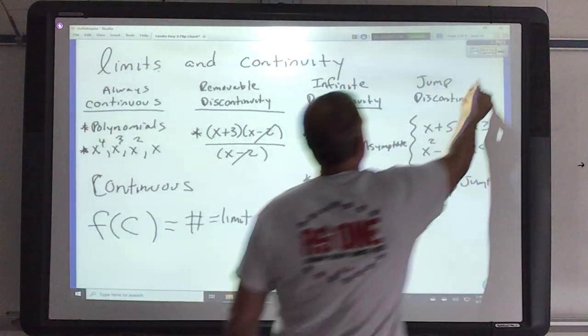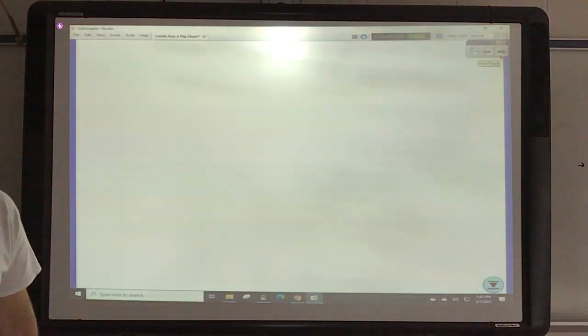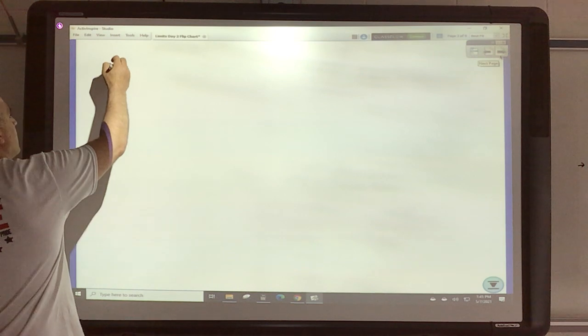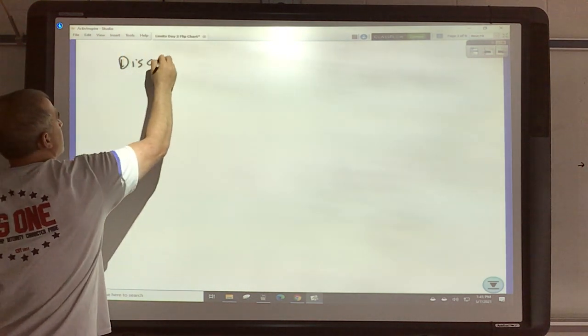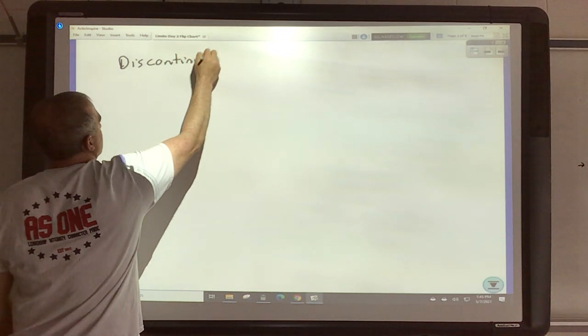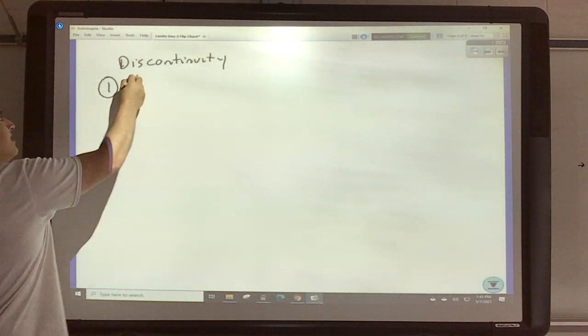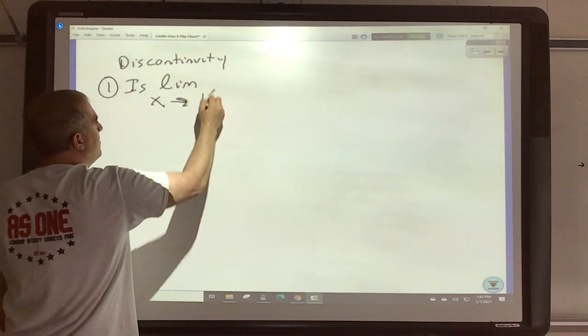Let me see what my next page is here. A couple of the factors it is determined by. So for discontinuity, the first thing it determines is the limit as x approaches that number.